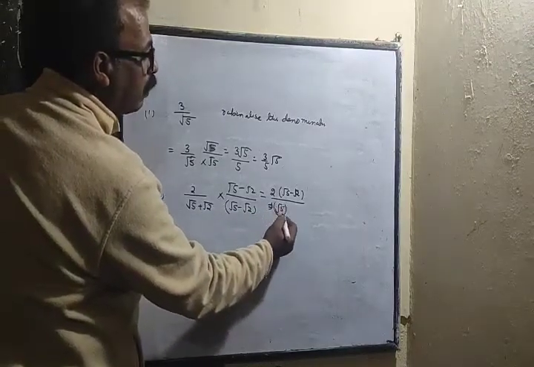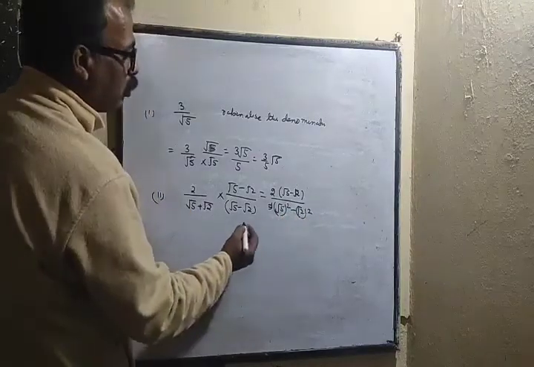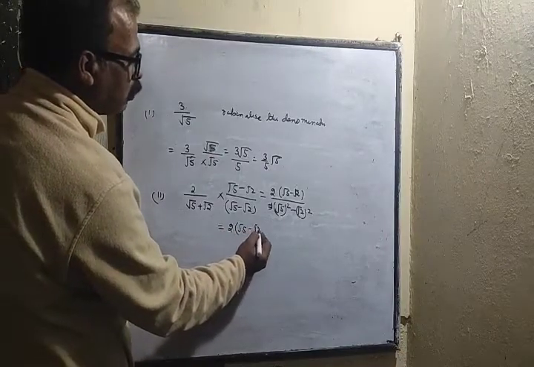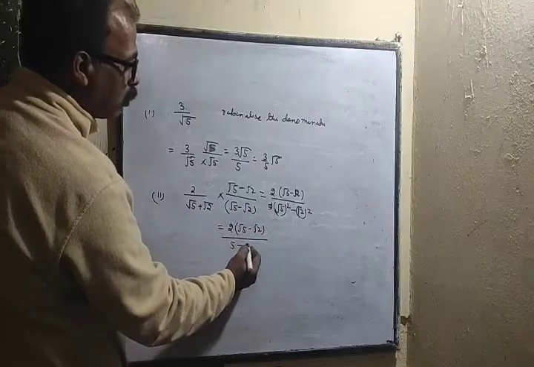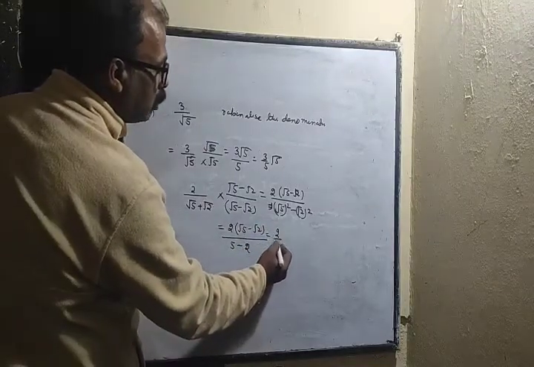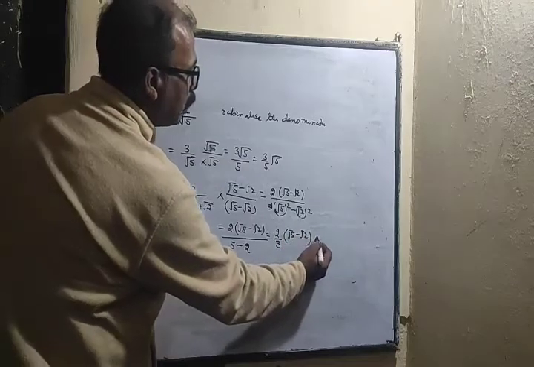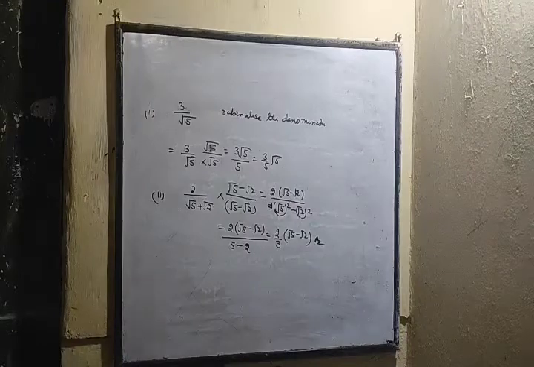So it is root 5 whole square minus root 2 whole square. Your result will come out as 2 into root 5 minus root 2 by 5 minus 2, since root 5 whole square is 5 and root 2 whole square is 2. So it will come out as 2 by 3 into root 5 minus root 2. It doesn't matter if the numerator is irrational or not, but the denominator has to be rationalized.